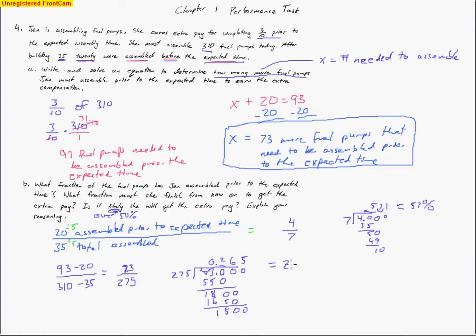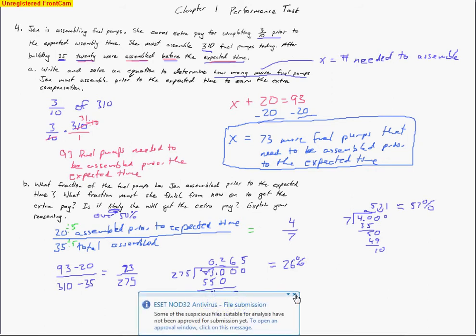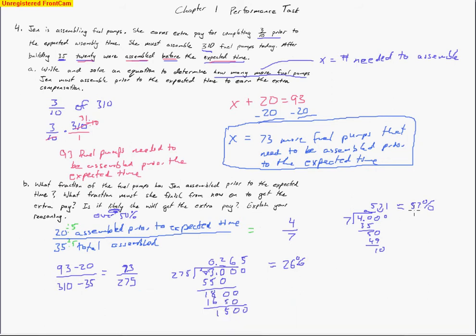So it's going to be somewhere near 26 to 27%. What I see is that so far we're completing 57% of them before the expected time, and all I would need to do to get my extra pay is just to do 26%.